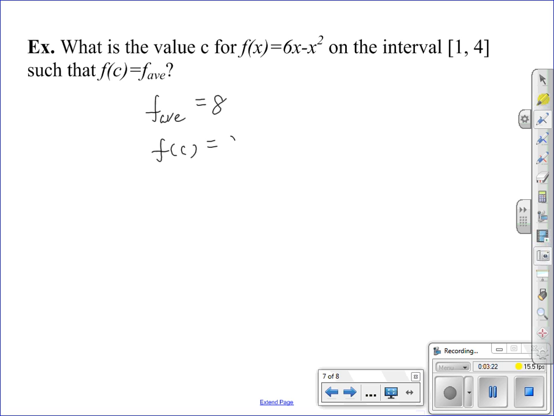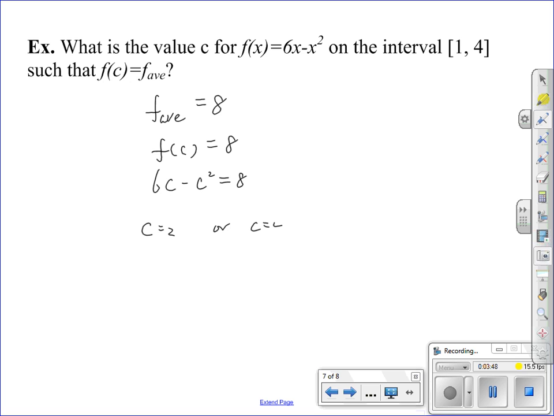But we know f of c is 6c minus c squared, right? So actually we are just trying to solve a quadratic equation. You can directly put this equation into a TI-89, or you can use the quadratic formula, or you can factor it out. There are many methods. Anyway, you find c equal to 2 or c equal to 4.